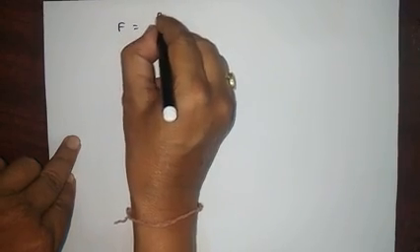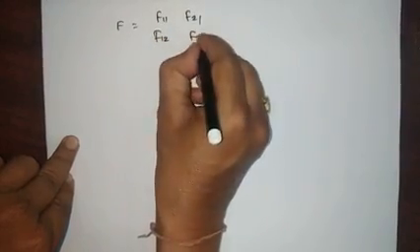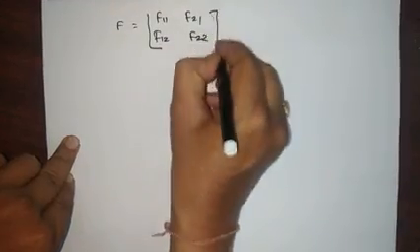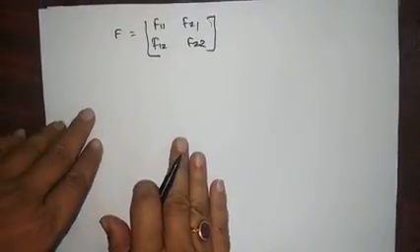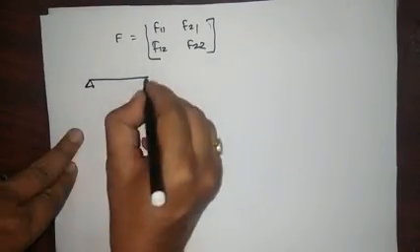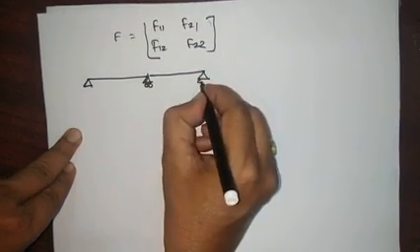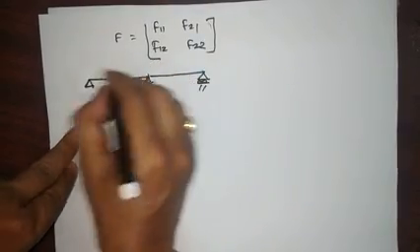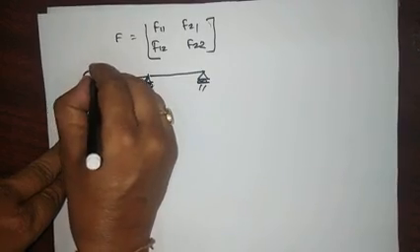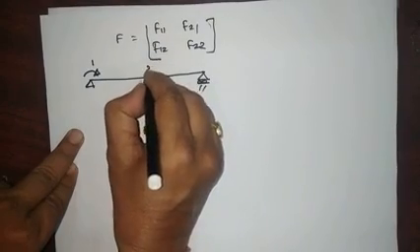So first we develop the flexibility matrix F, that is F11, F21, F12 and F22. Your Di is 2, it means a 2 by 2 matrix. Now this is the beam. Now this is our rotation. Apply rotation at 1, and this is our coordinate number 2.